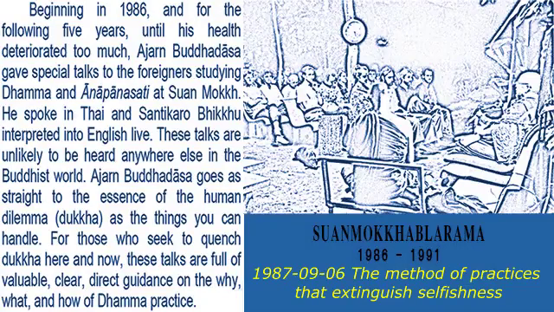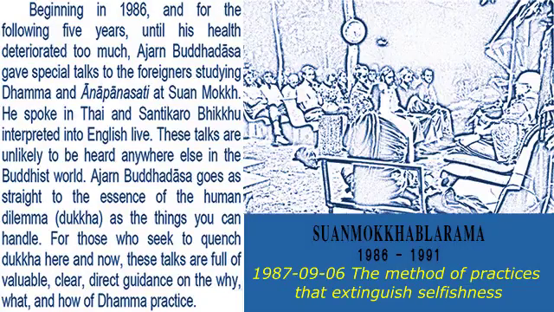Now we'll talk about the methods for seeing these three characteristics. In general, we can talk about two methods or two approaches which are complementary. The first is through study. Through thinking and reasoning about these things, we develop a theoretical knowledge of the three characteristics.